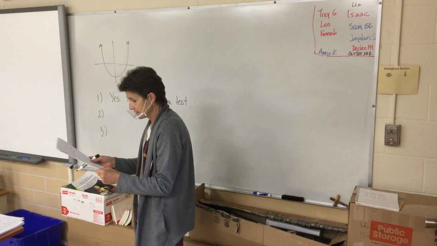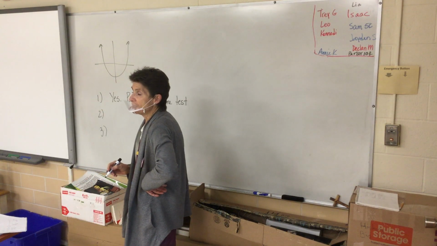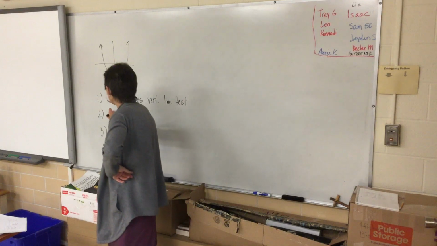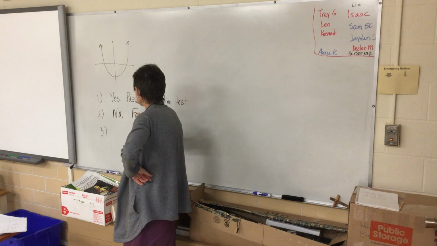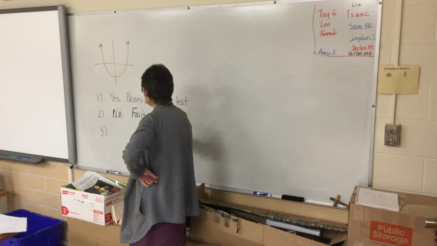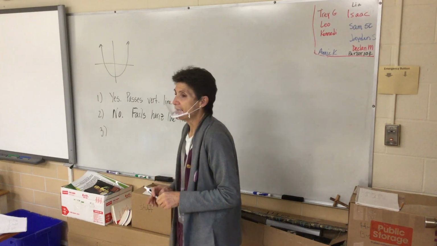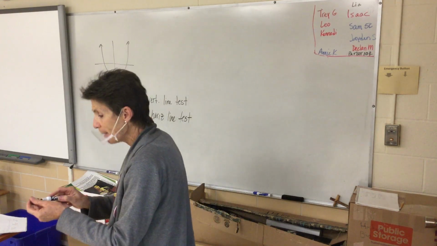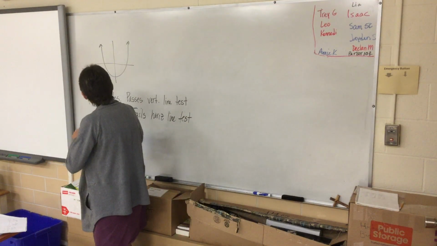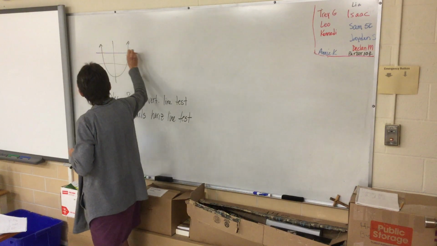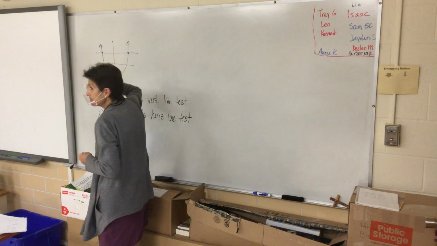Now the next question says, is its inverse a function? And the answer is no, because it fails the horizontal line test. And here's why this happens this way. If I draw a horizontal line across here, do you see how it hits here and it hits here?